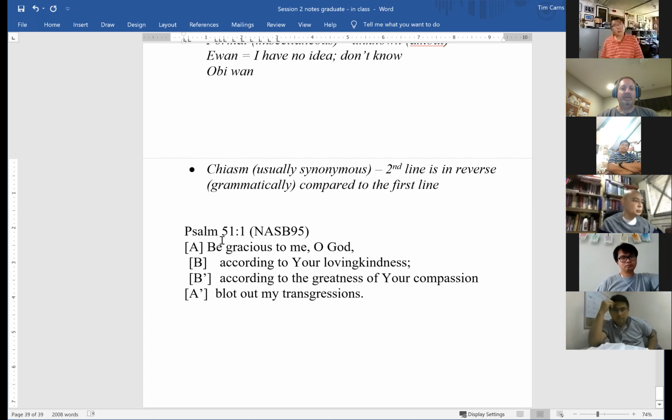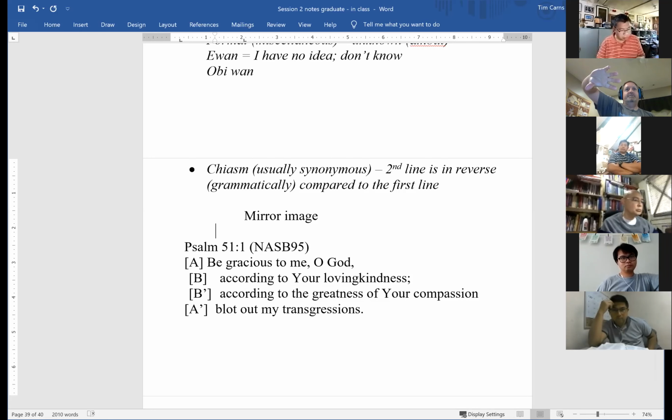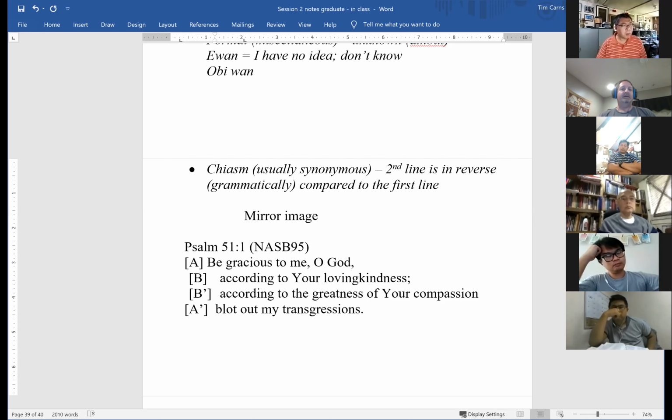You could think of chiasm like a mirror image. When you look in a mirror, you see the reverse of what you're wearing. Like my shirt here, it's a mirror image actually on the screen. It's flipped around, it's showing me in reverse. That's what a chiasm is like. The last line is a reverse mirror image of the first line.